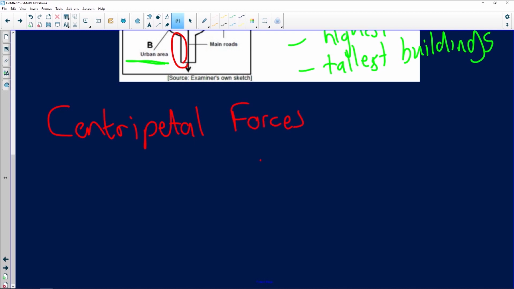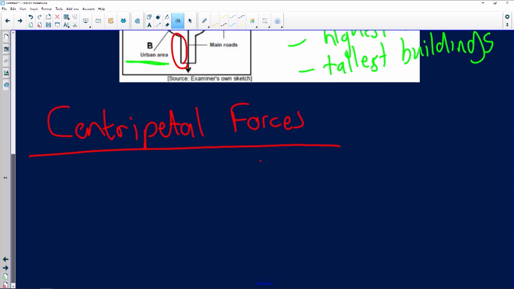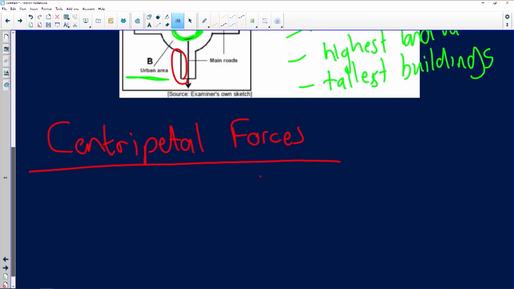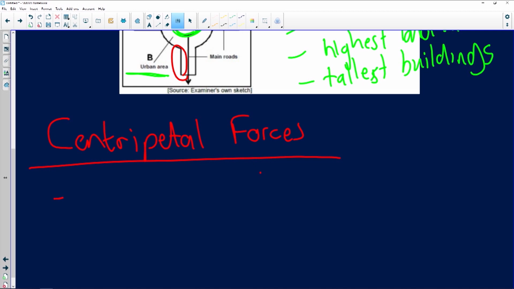So we need to differentiate between centripetal and centrifugal forces. Now, what's the difference between the two? Centripetal forces is what attracts people to the CBD. Why do people rather want to do business in the CBD than on the outskirts or between the urban areas? So the first question I can ask myself: what draws the customer to the CBD?